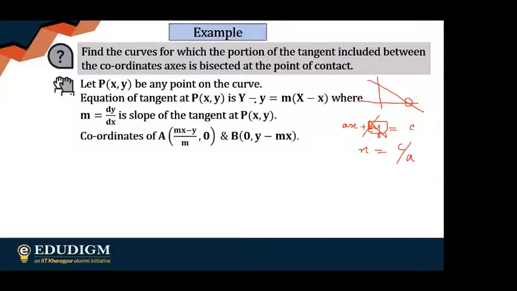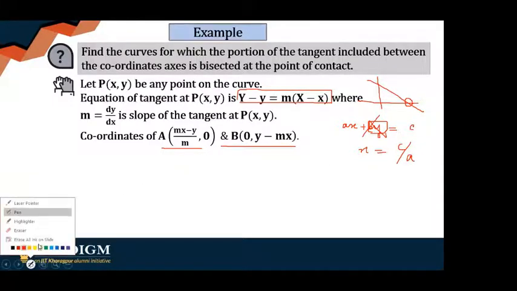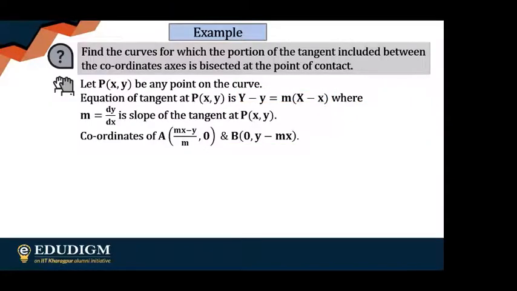Okay, so even if you don't want to write this in intercept form and then find out the coordinates, no problem. Just put capital Y equals to 0. That will give you this point. Put capital X equals to 0. That is going to give you this point. Very simple. Okay, so first you have the equation of the tangent. Then you have the coordinates of those points where it's actually intersecting the axes.